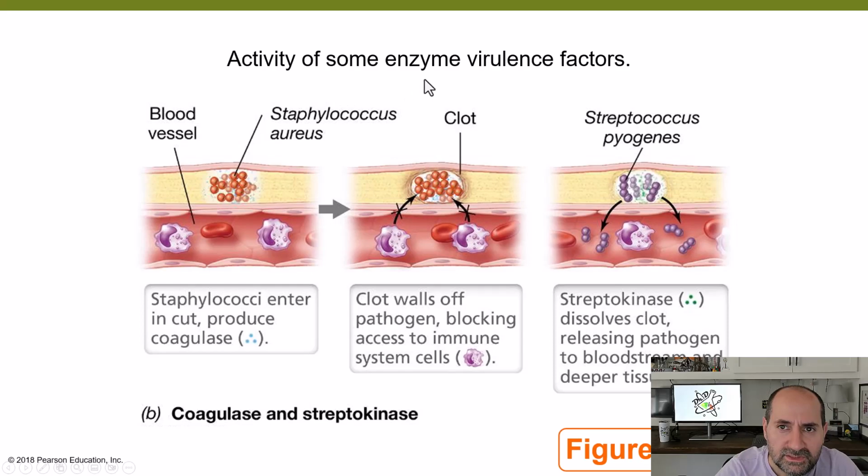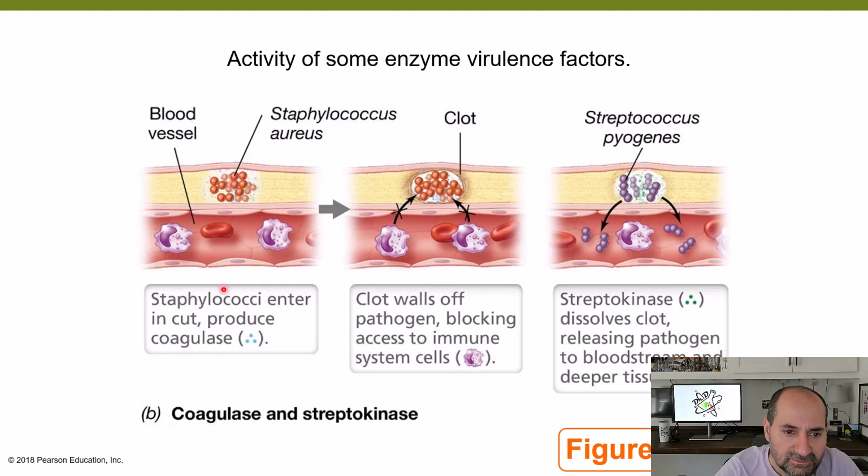Okay, what about the next type of enzyme? Remember, coagulase and streptokinase. Here you have some Staphylococcus aureus, which have gone in through a cut, and they are just under the skin. And normally at this point, remember, the phagocytic white blood cells, such as neutrophils or macrophages, will come to the site of infection and try to rid the infection, try to destroy these bacteria.